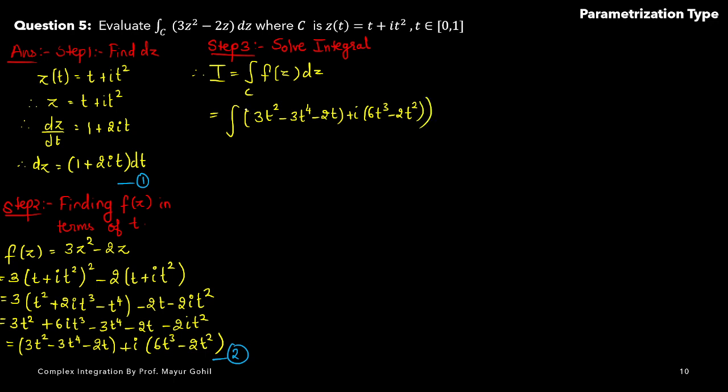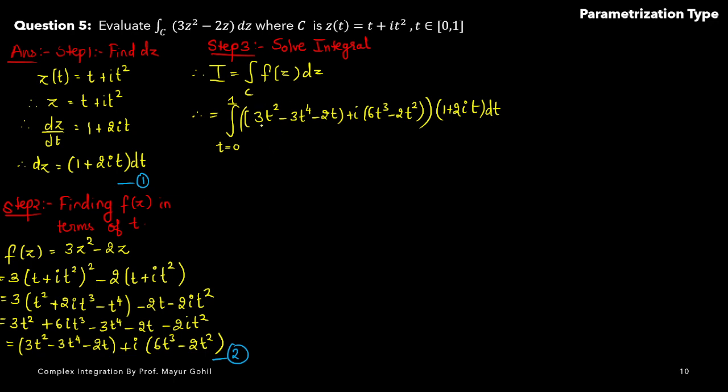This is the whole function, but dz is now already 1 plus 2it dt, and the limits for t are going to be 0 to 1, because we can see t belongs to the interval 0 comma 1. So we will now need to integrate.